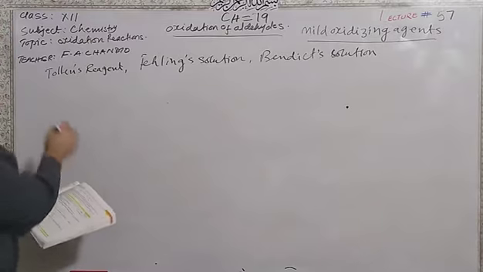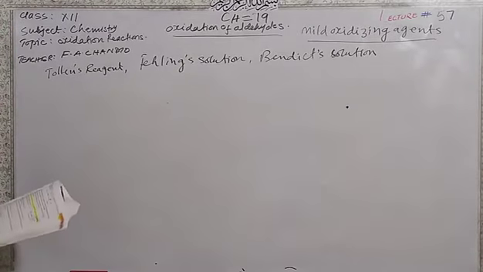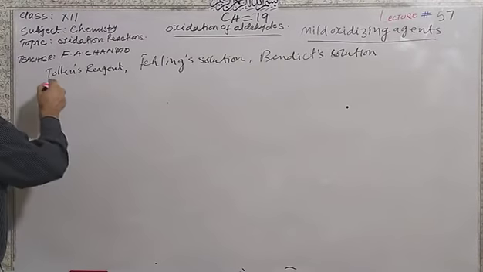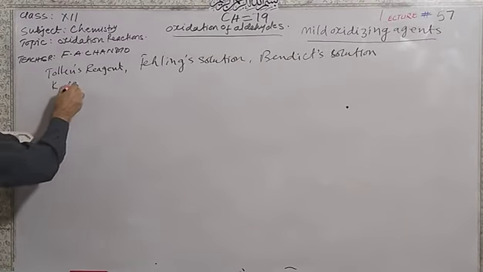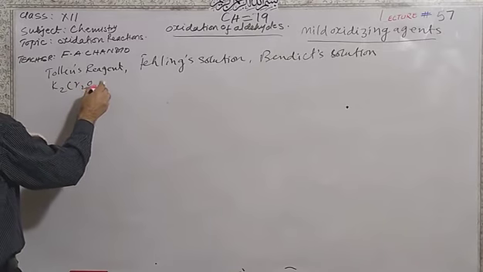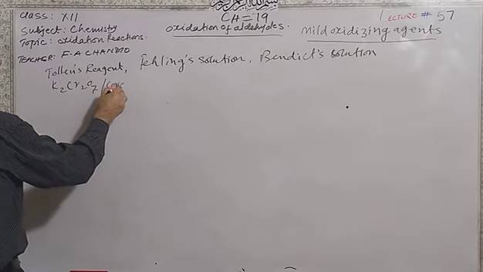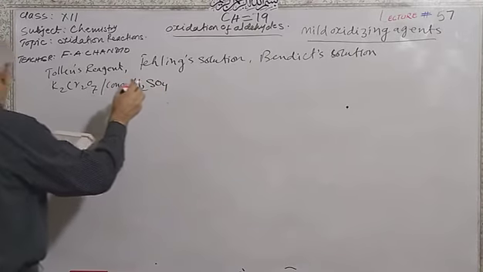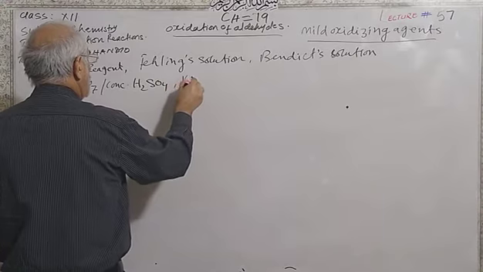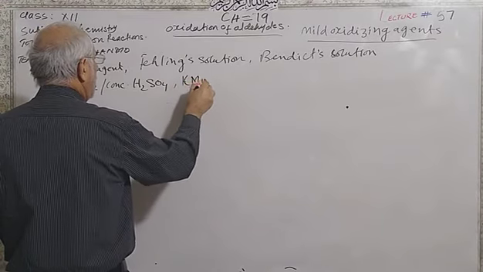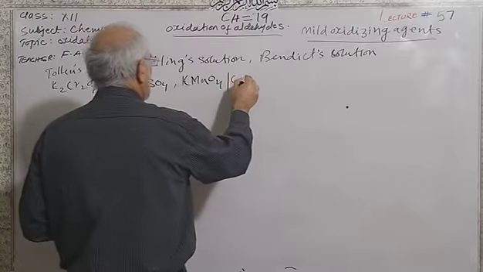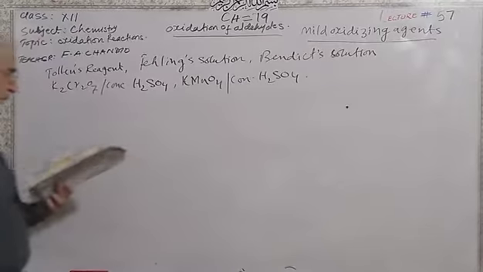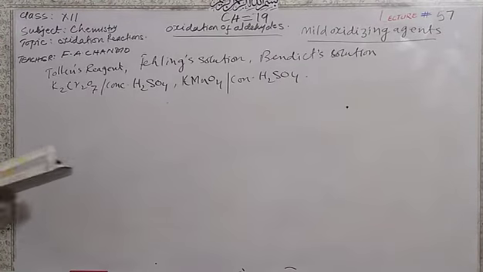These oxidizing agents, Tollens reagent, Fehling's solution, Benedict's solution, and also potassium dichromate and concentrated sulfuric acid, potassium permanganate, concentrated sulfuric acid, and dilute nitric acid also.